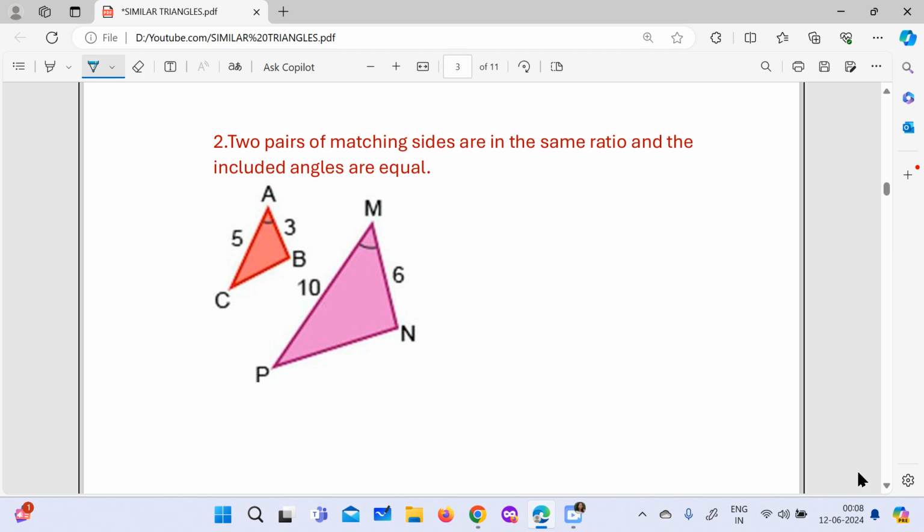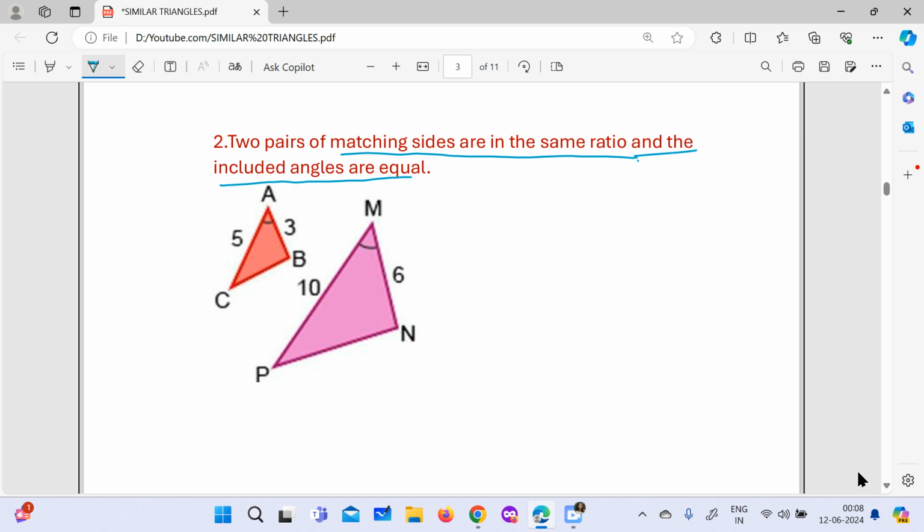Now, here is another condition for how you can say that two triangles are similar. Two pairs of matching sides are in the same ratio and the included angles are equal. So what does it say? It says that two pairs of matching sides are in the same ratio, or you can say corresponding sides.